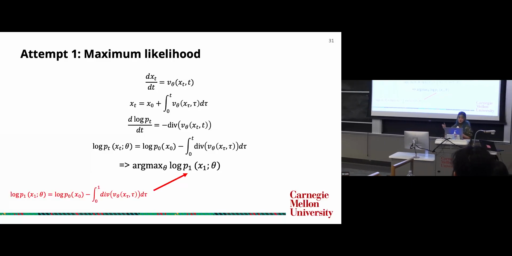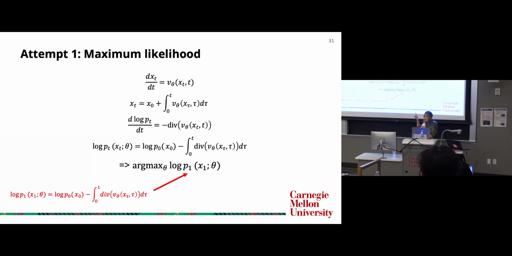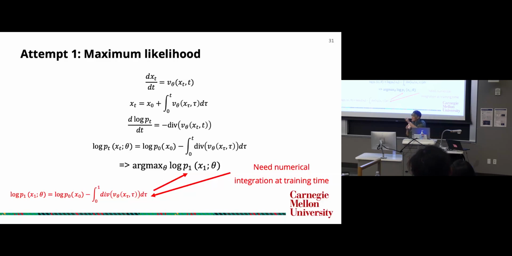Very, very good. So in order to calculate the log likelihood of the data, we actually need to do numerical integration, right? But this is at training time. That just means that we need to do many steps of integration at training time, and that is really, really expensive, right? Okay, what would be a better way to do this?